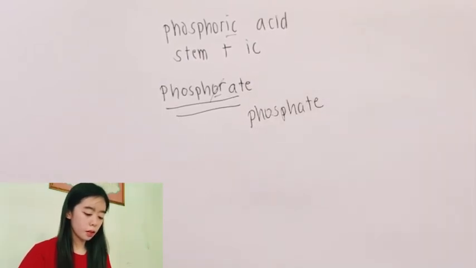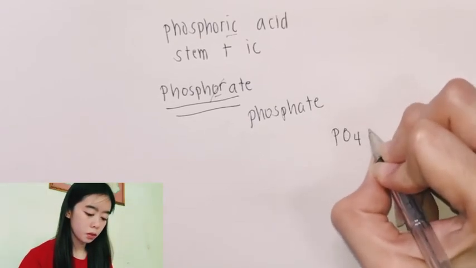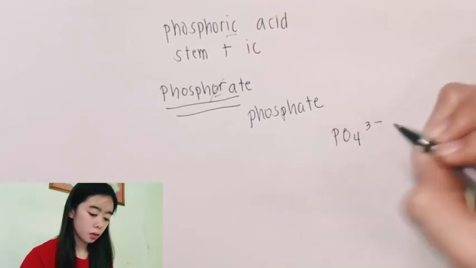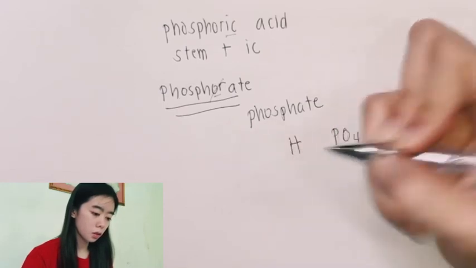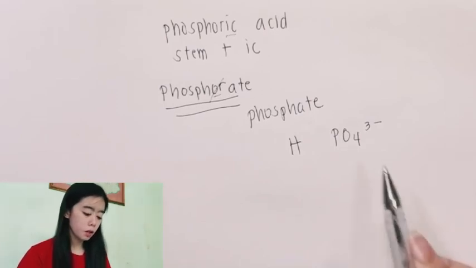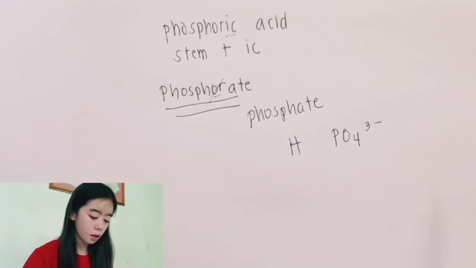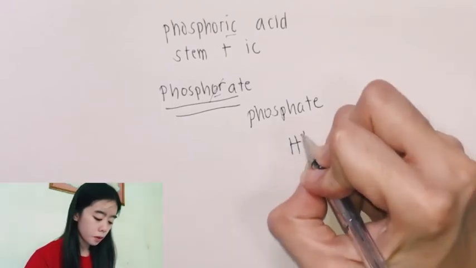And we will write H in front of it. So PO4 3- and H in front of it. We need to balance the charges. We have -3 on this phosphate ion and hydrogen +1.